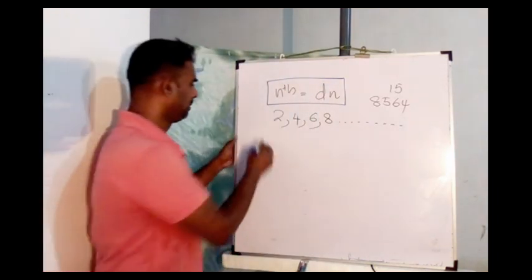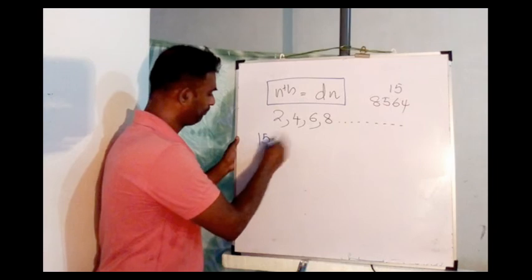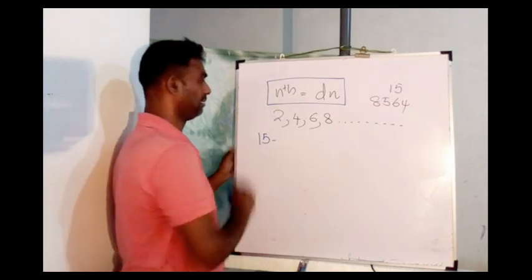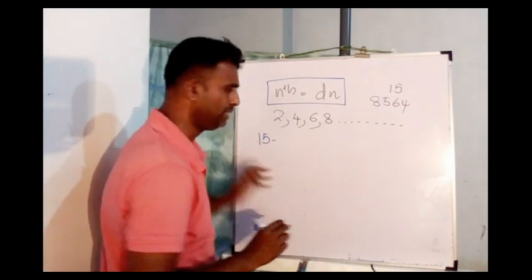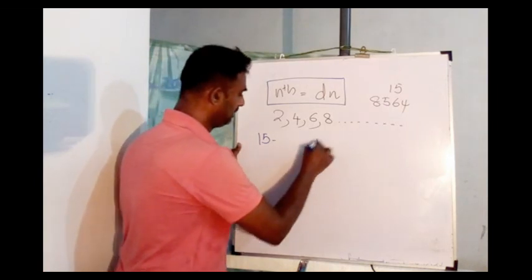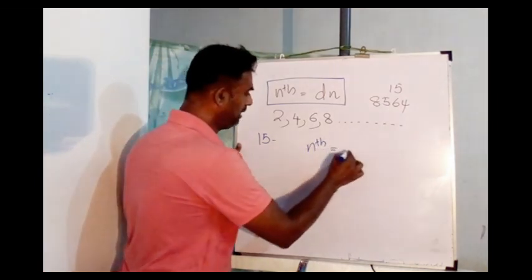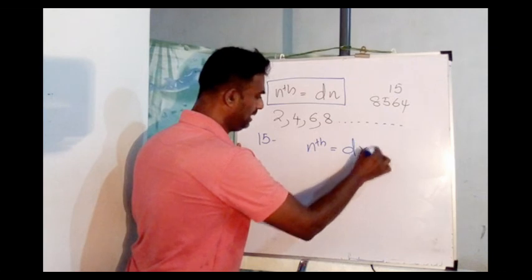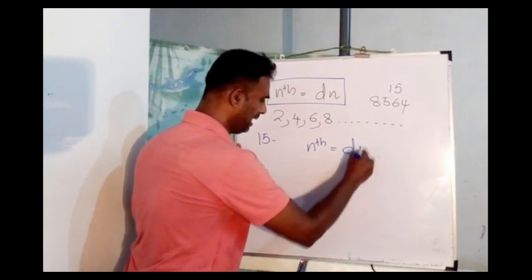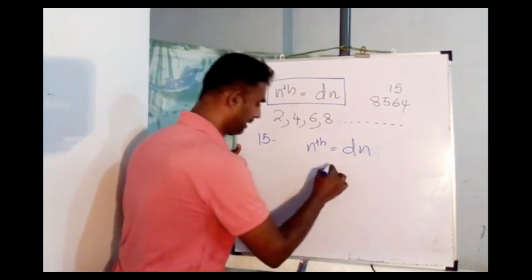First, let's find the 15th term. What is the equation? Nth term equals d multiplied by n. That is the equation.